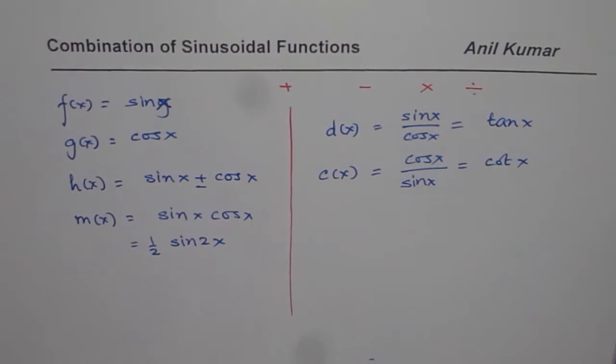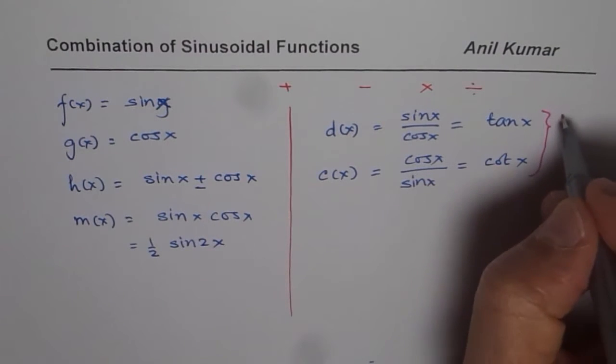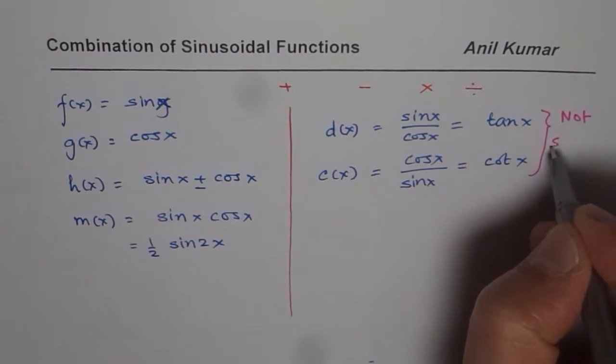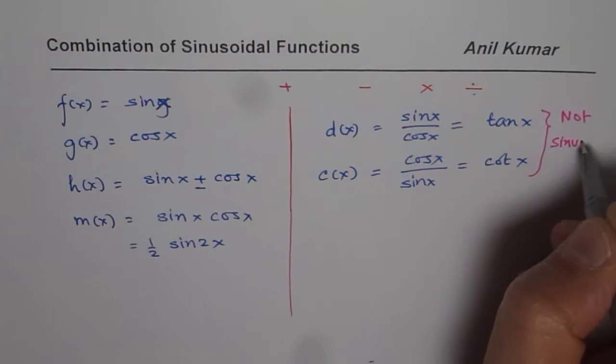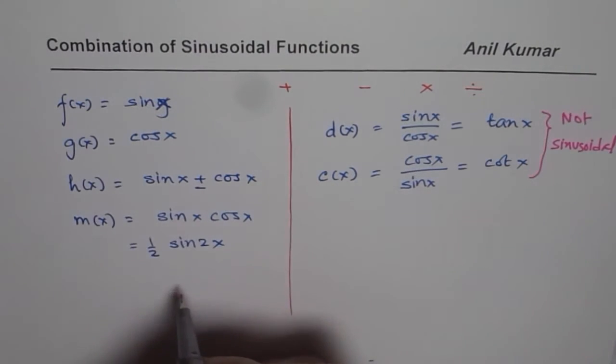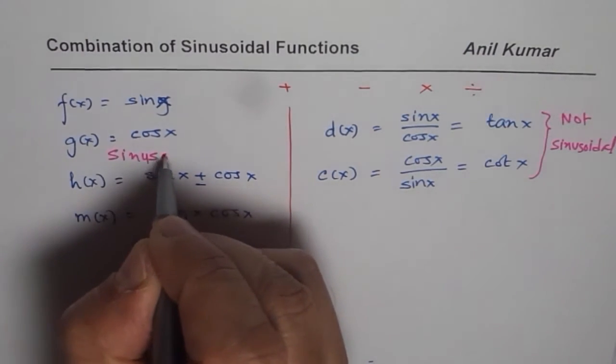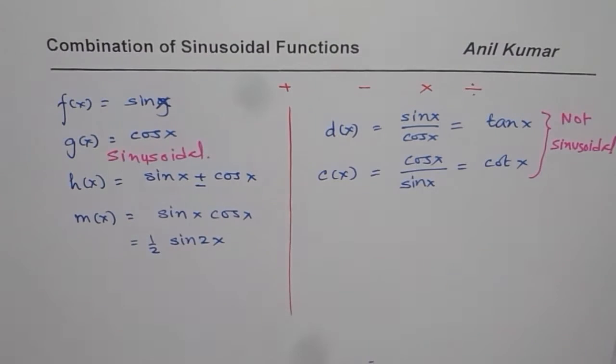So these are also not sinusoidal. So the combinations which you have seen here, the above combination, are not sinusoidal. But these combinations are all sinusoidal. Correct? So that is kind of important to understand.